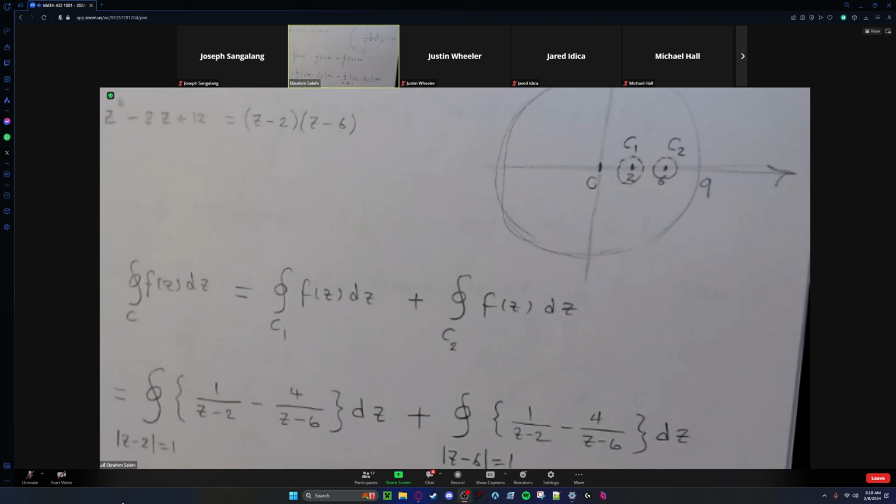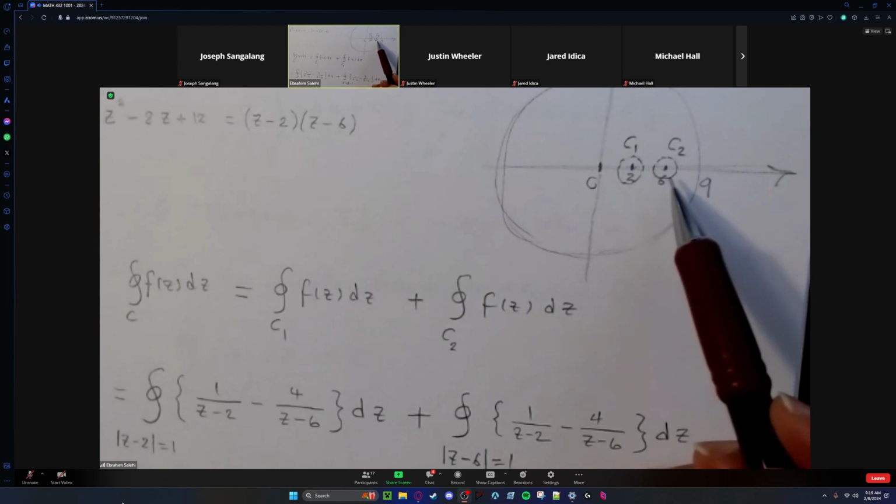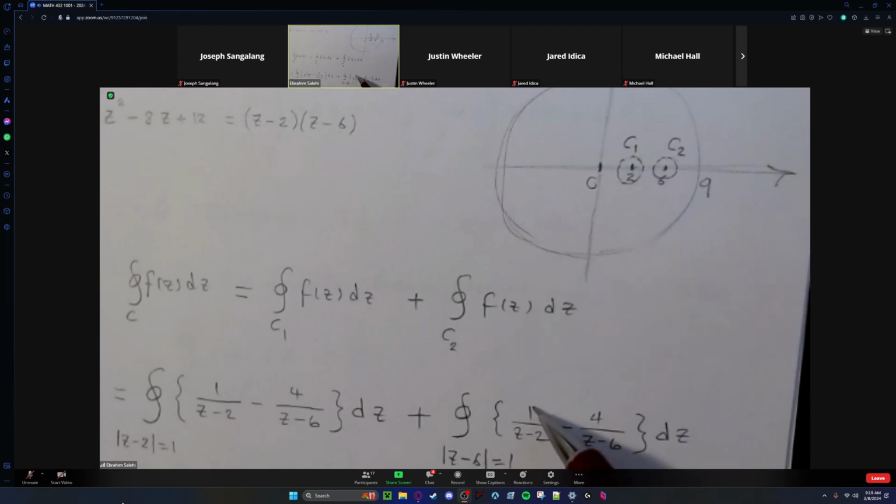But when you are integrating over the circle centered at 2, this will be outside. So this goes away. So the integral of that is 0. And when you're integrating over this circle, this part, which is analytic, the integral of the first will be 0. So you'll get only the second part.